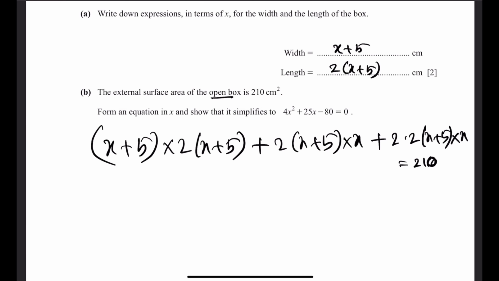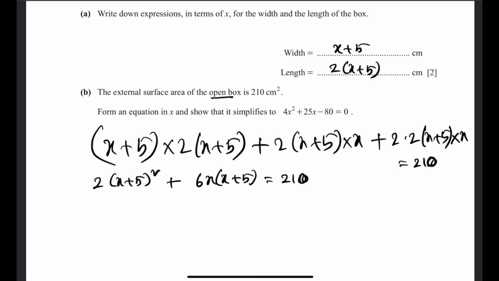Now we can simplify this. 2 times x plus 5 whole square plus 2 to 4, 4, 5, 6 x into x plus 5 equals to 210.